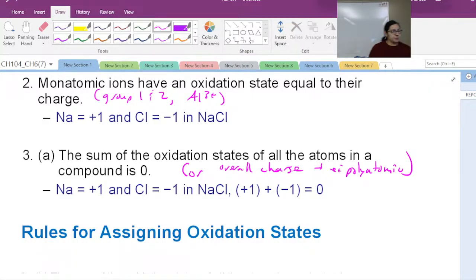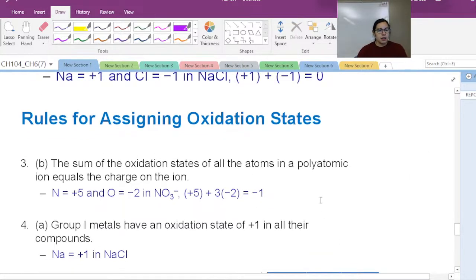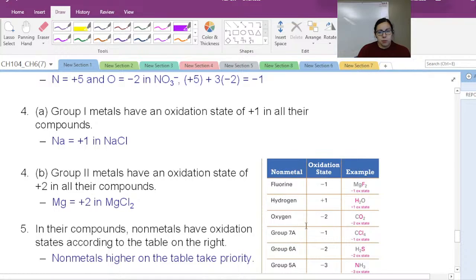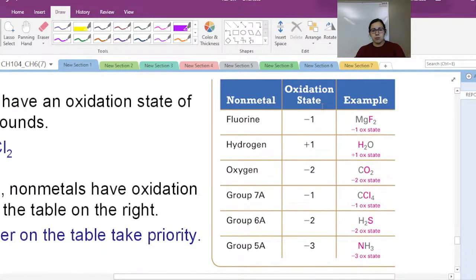The rest of it goes by these priority rules, and this little chart helps you. Fluorine is always -1 for our purposes. Fluorine is extremely electronegative, so it's always going to be -1.